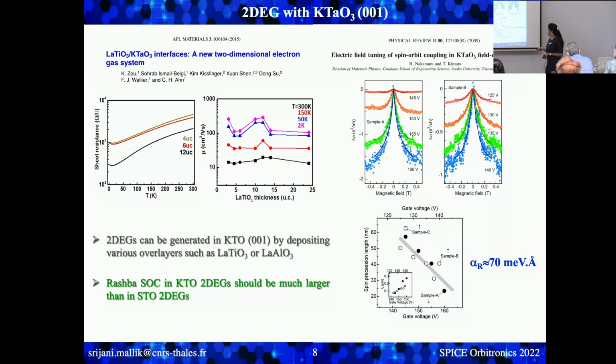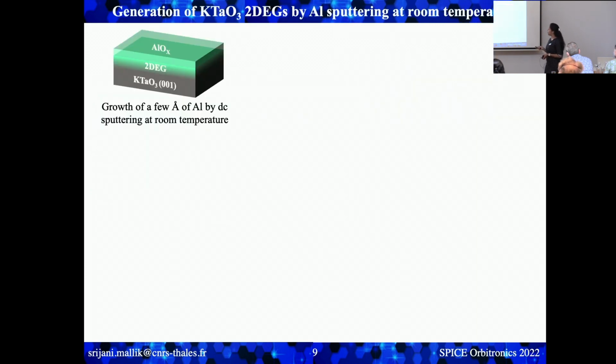And now in our case, what we did for our sample is very simple. Laura also mentioned this: by Rödel et al., it was shown that even without depositing any perovskite materials, it's possible to achieve the 2D electron gas. In this way, you don't need any high temperature growth or PLD.